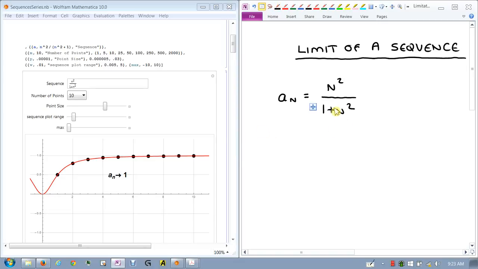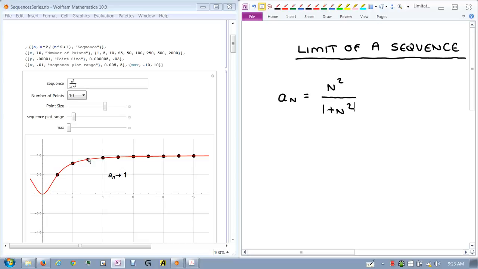So what happens when you plug in 1 to this? You get 1/2, right? So if you go in here and you plug in 1, you get 1/2. So that black dot is the first number in my sequence. Then I plug in 2, and when I plug in 2, it spits out 2 squared, 4 over 5, so 4/5, which is here. Is that right? 4/5, okay.